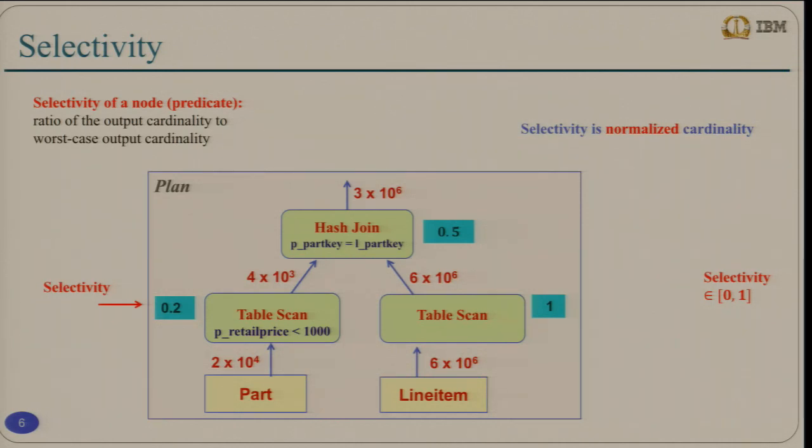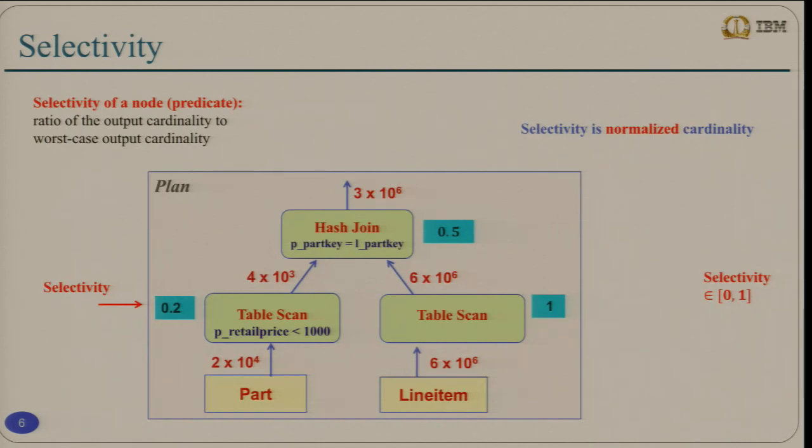Now, why is this important? It is important because, as I told you, the query optimizer has to decide which implementation to place at each node. For example, for the hash join, the relative size of the two relations that are coming into it is one of the factors that determines what implementation you are going to use there. Hash join is one particular implementation.